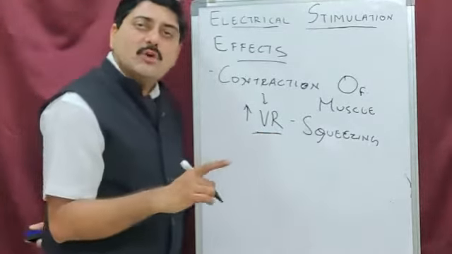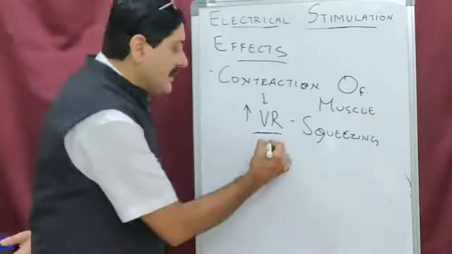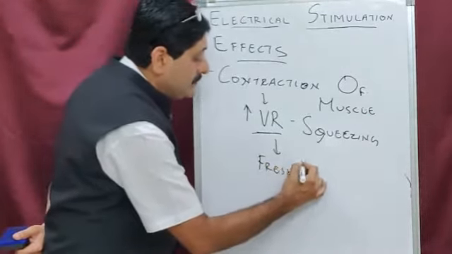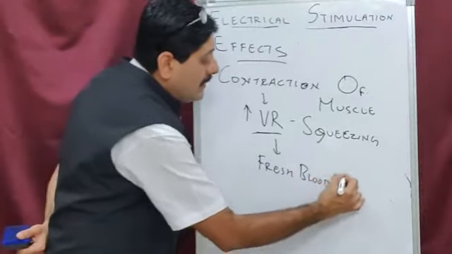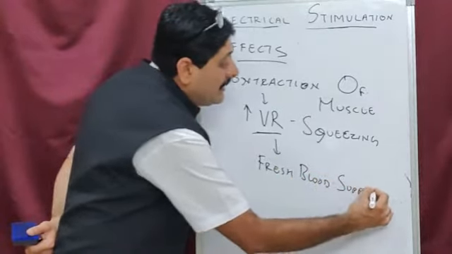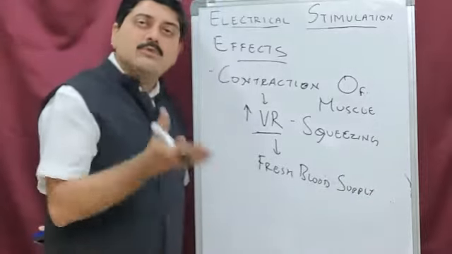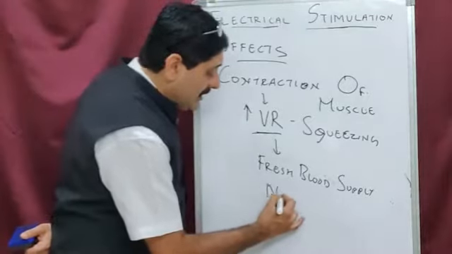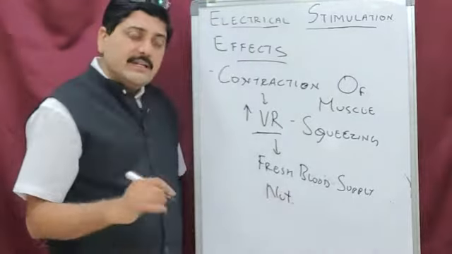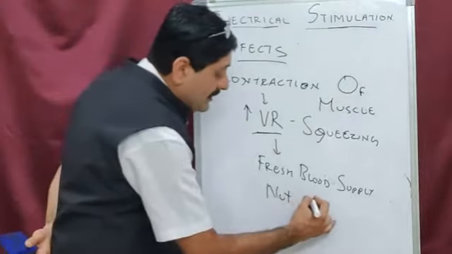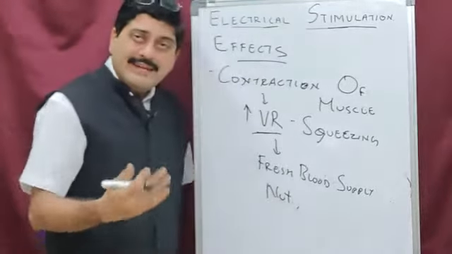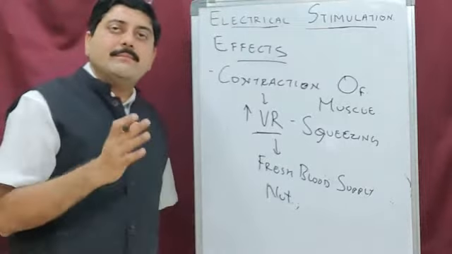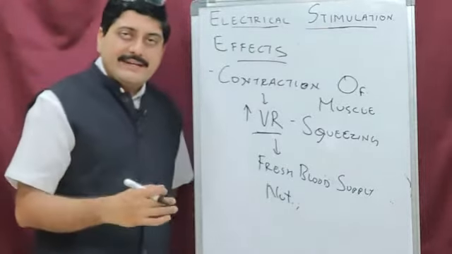So there is clearance of metabolites from the muscle, and there is fresh blood supply, because when the muscle contracts and it moves out the blood, there is new blood coming inside, which brings nutrients with it, and which brings many other food and nutrition to the muscle, thereby causing an improvement in the muscle's dietary status.